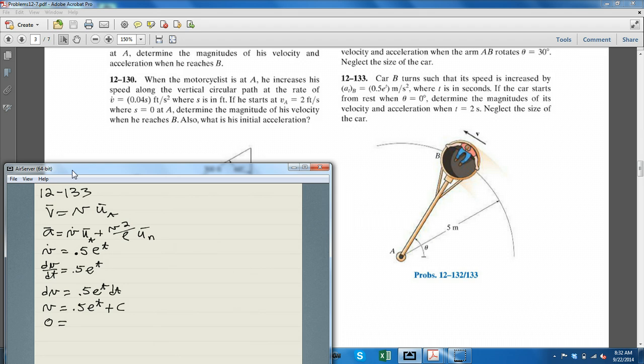So 1 times 0.5 is 0.5 plus c. So what's c? Okay, so the speed is 0.5 e to the t minus 0.5.